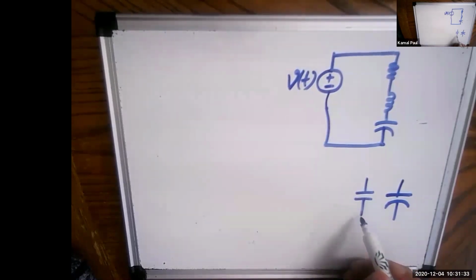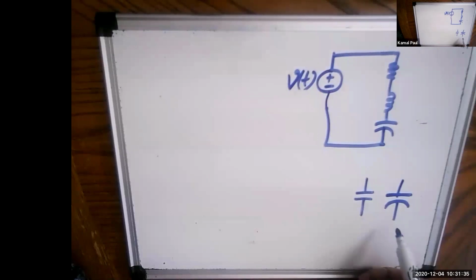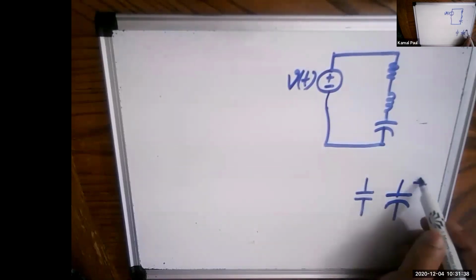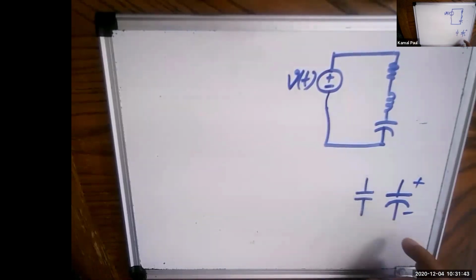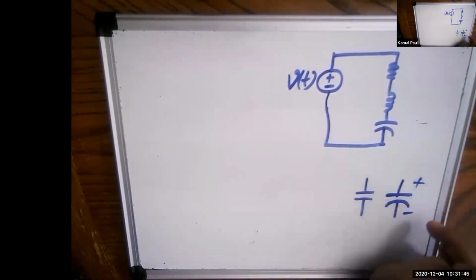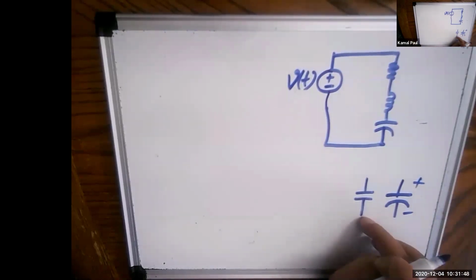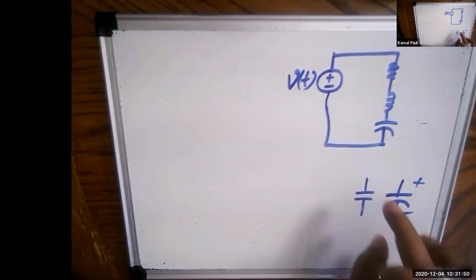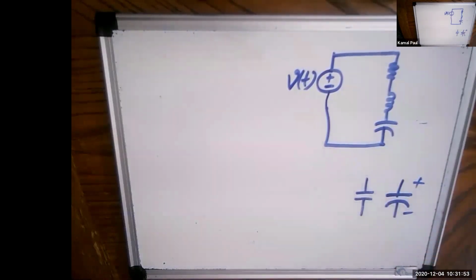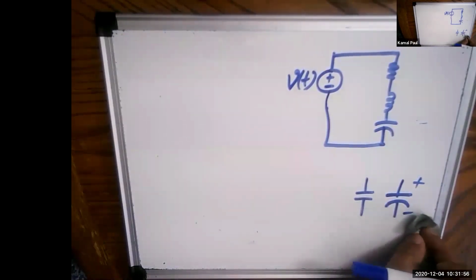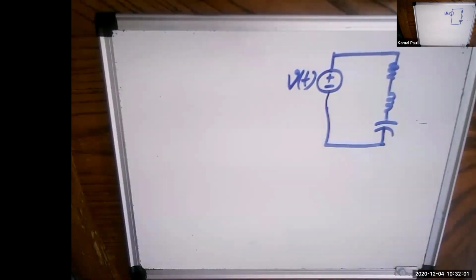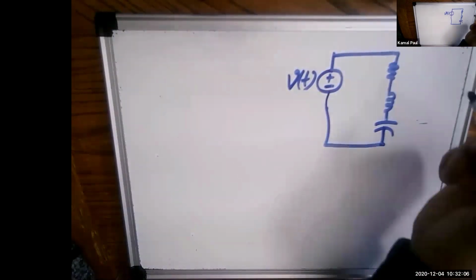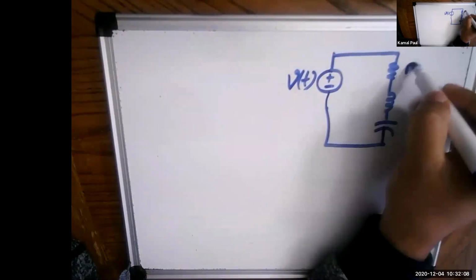One of them is polar, another is non-polar. This capacitor has a positive terminal and a negative terminal, but this one does not, so you can switch the direction either way. This is very important in DC circuits, but in AC circuits, either way you connect it, it doesn't matter.